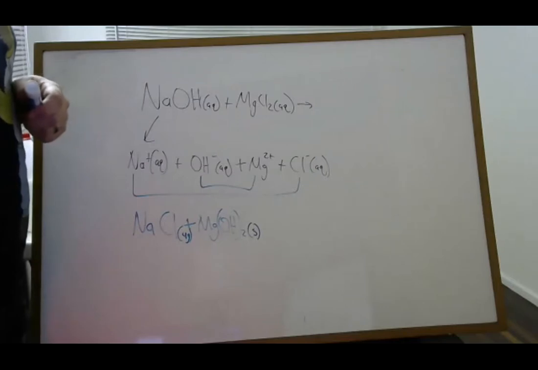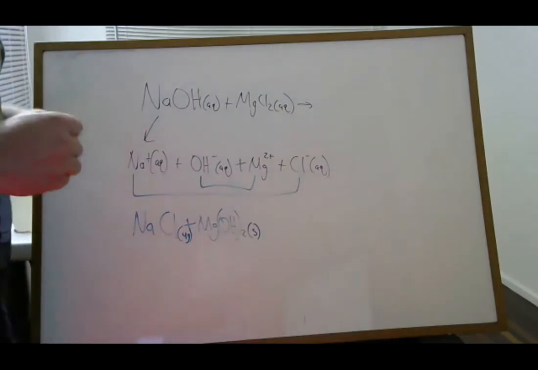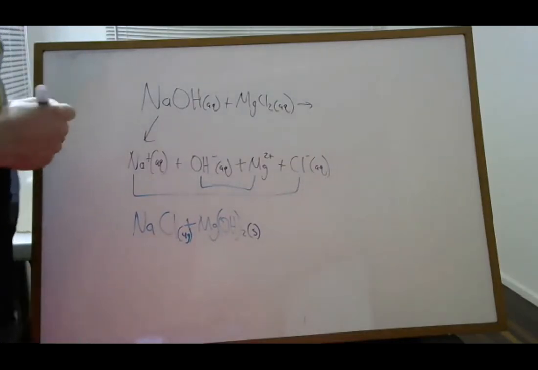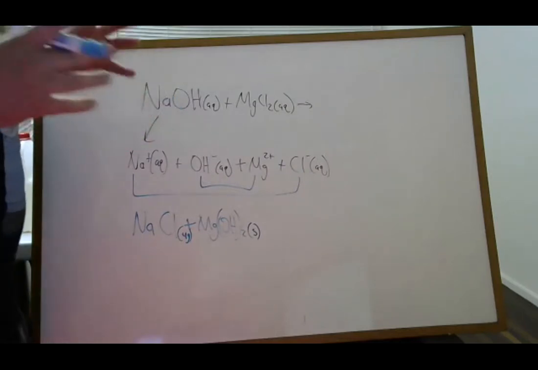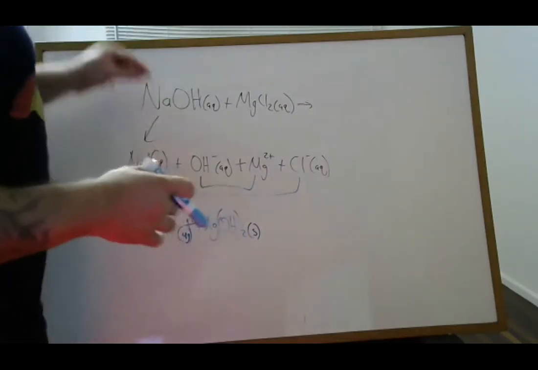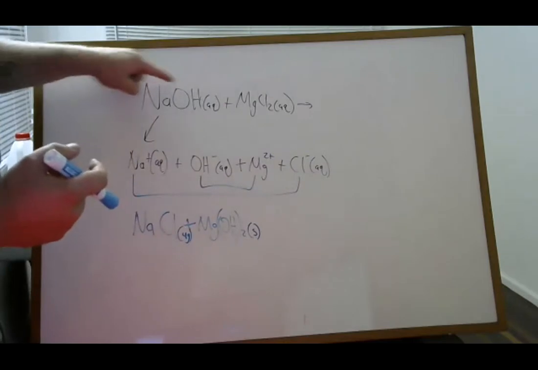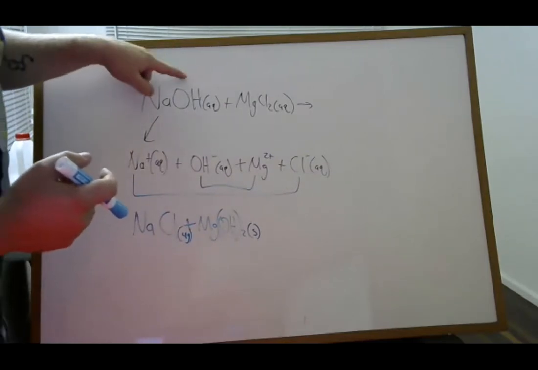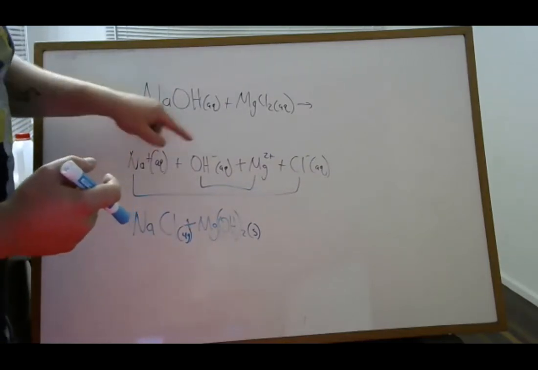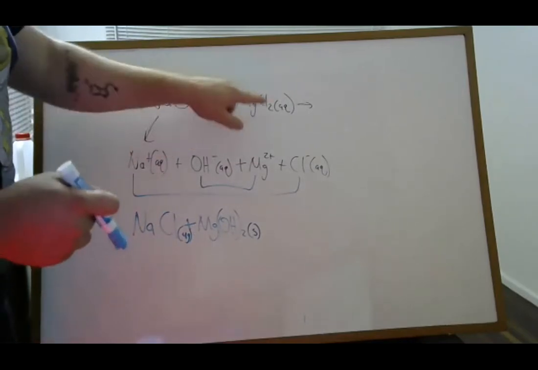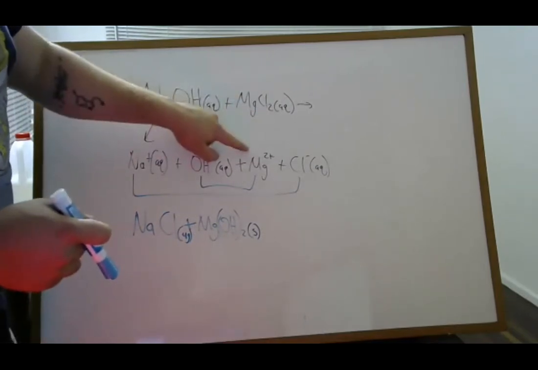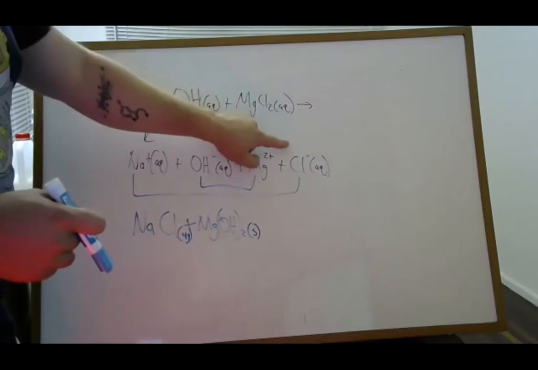So I mix two solutions together. Sodium hydroxide will break up into sodium and hydroxide. Magnesium chloride will break up into magnesium and chloride.